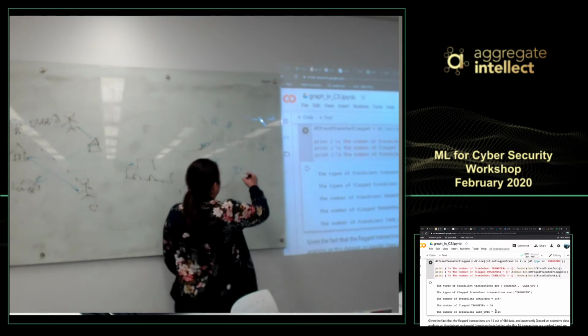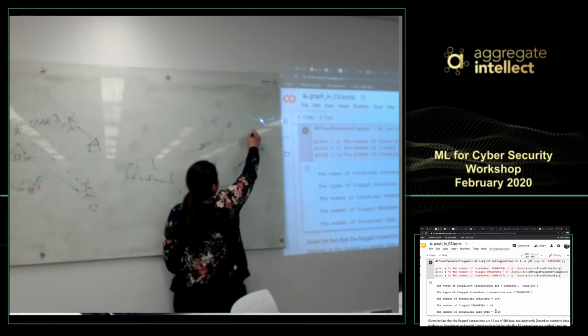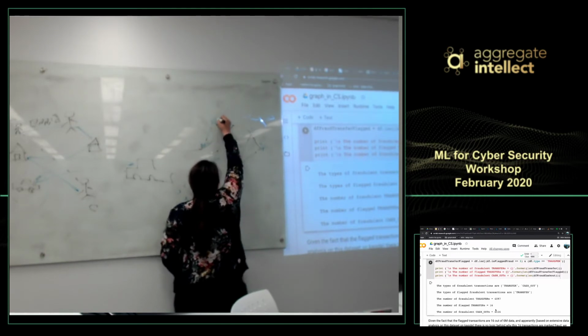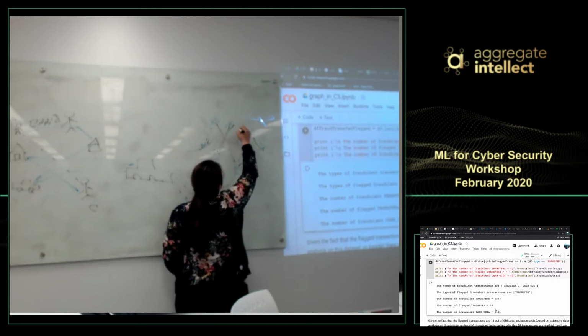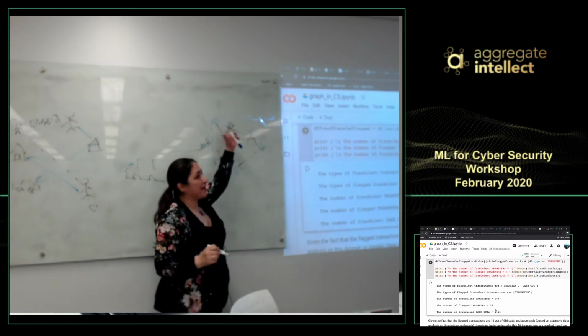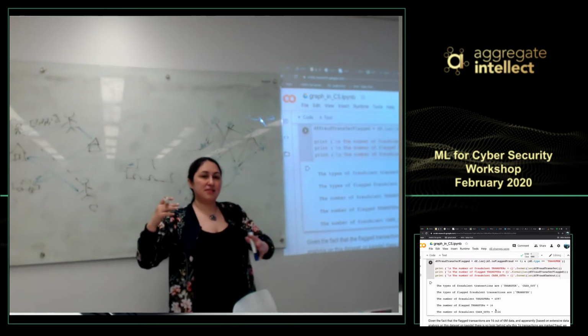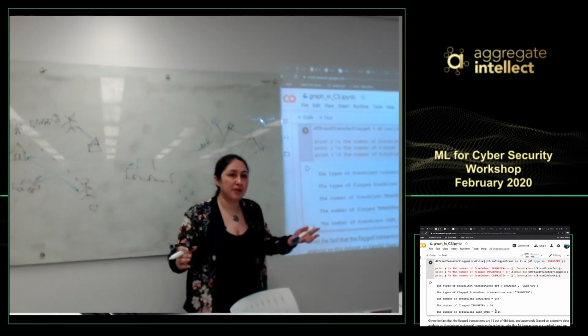The reason is that for different types of connections, you would have different structure. There are so many different types of money transfer that show the connection between people.